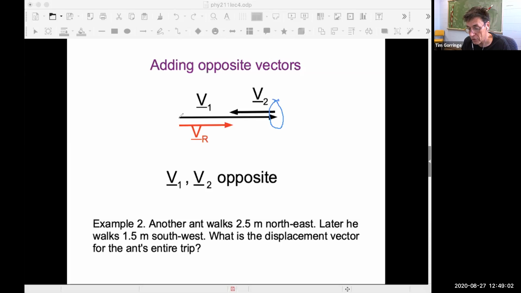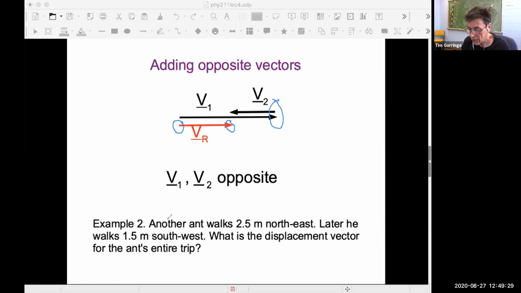The sum of those two vectors, the resulting vector, runs from the toes of the first one to the head of the second one. And so that's how you picture the addition of opposite vectors. They sort of partially cancel each other out, and in some cases can completely cancel each other out.